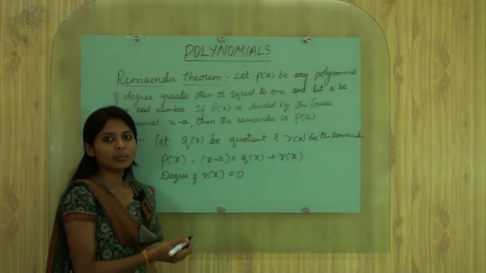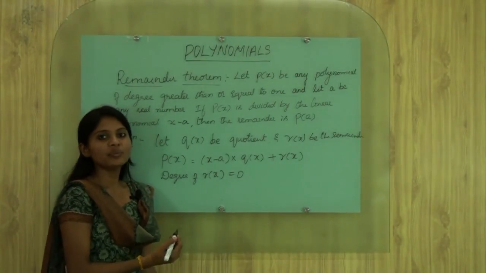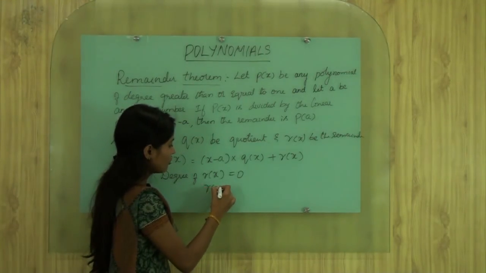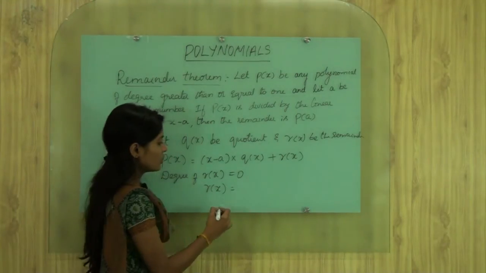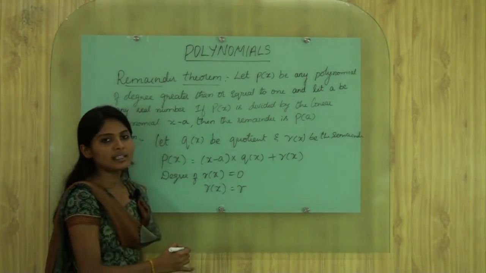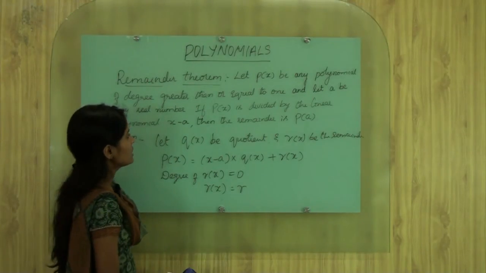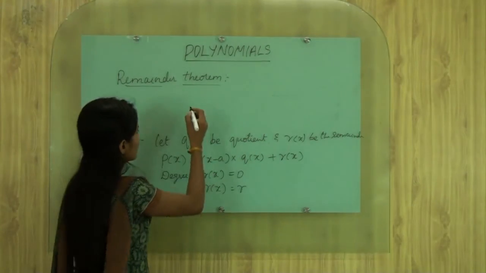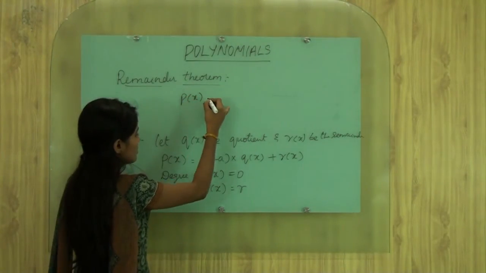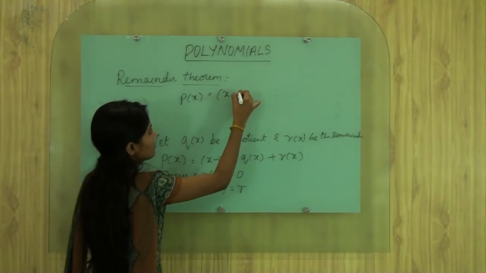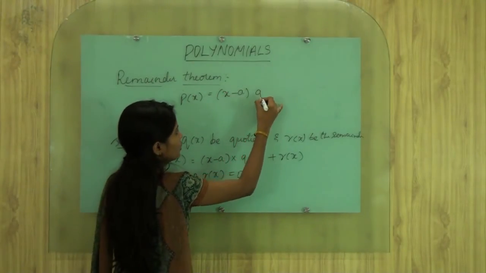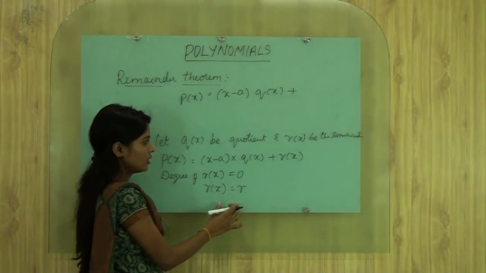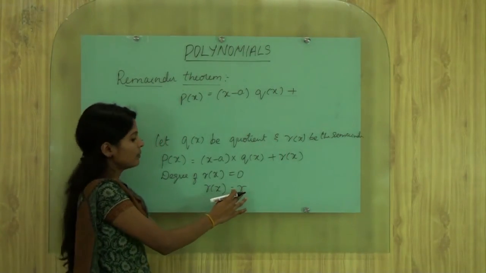If the degree of a polynomial is 0, then that is a constant polynomial. Let us assume r of x is equal to r. That is a constant. Let's substitute this in the equation. That is p of x is equal to x minus a into q of x plus r of x. We have proved that it is a constant.